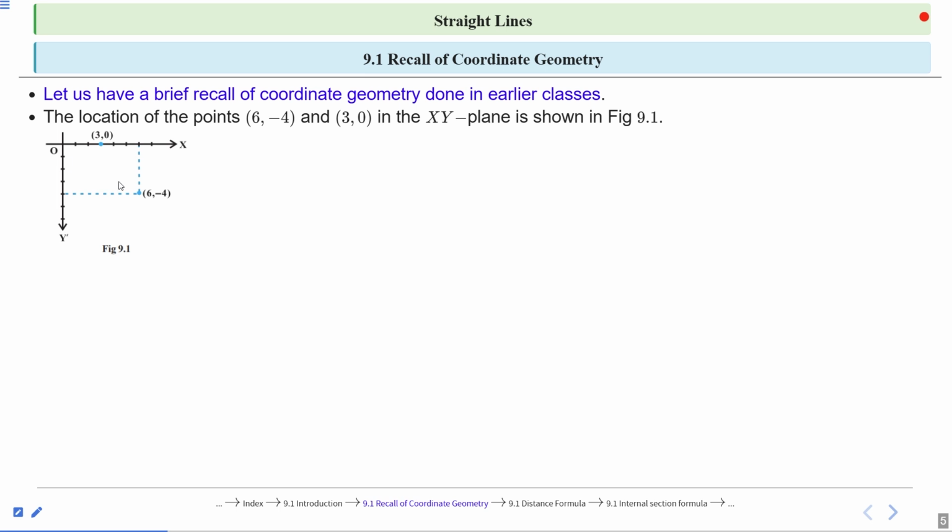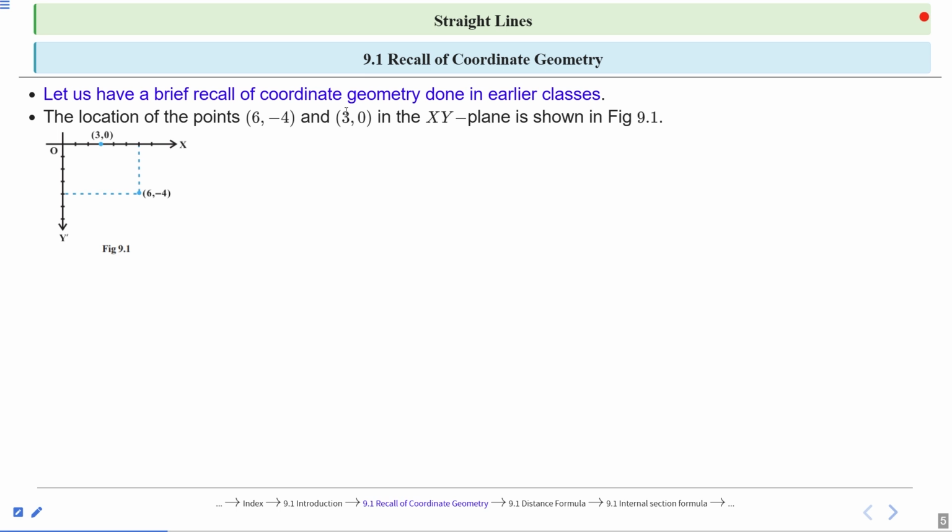If we have a point (a, b), then the first number a is called the x coordinate of that point and the second number is called the y coordinate. Here, for (6, -4), the x coordinate is 6 and the y coordinate is -4.